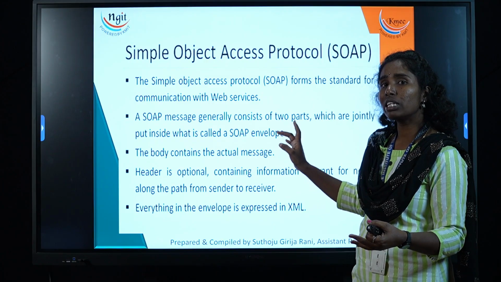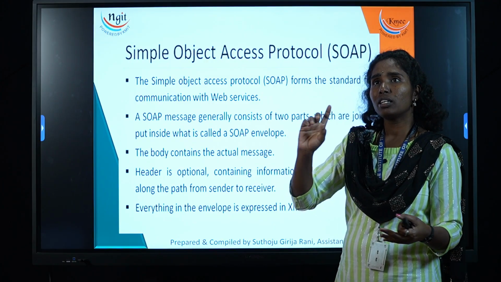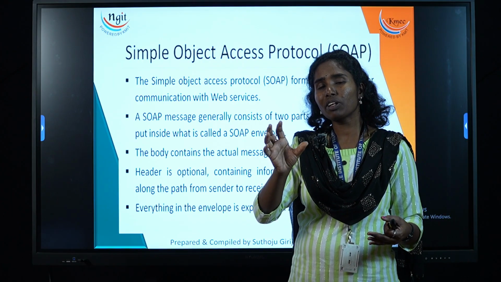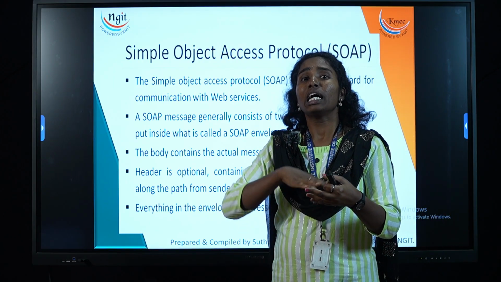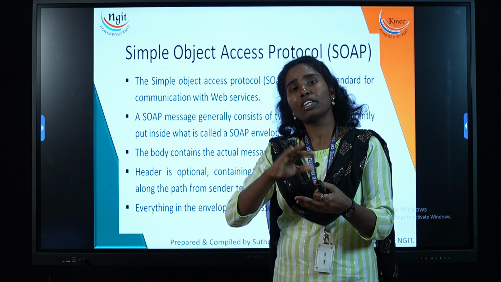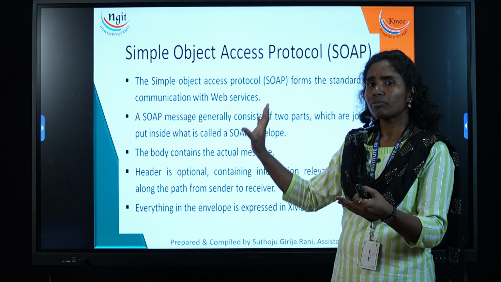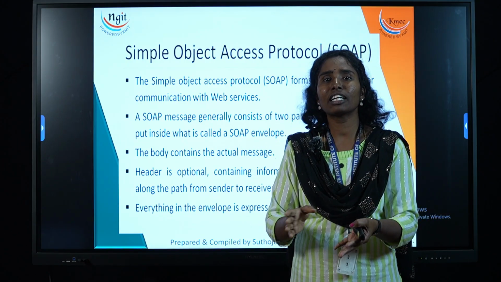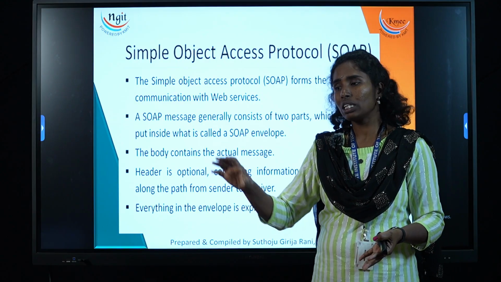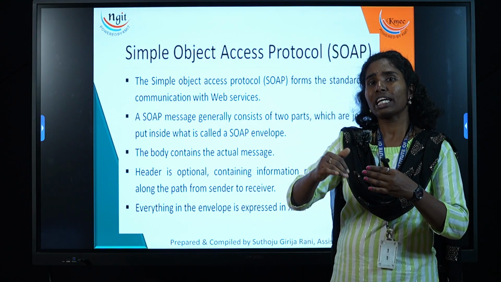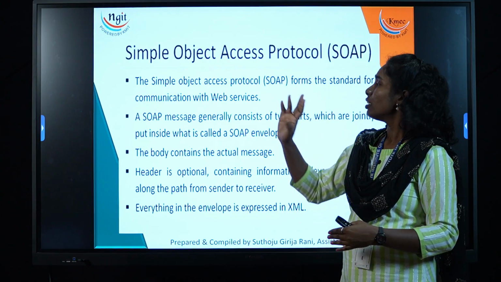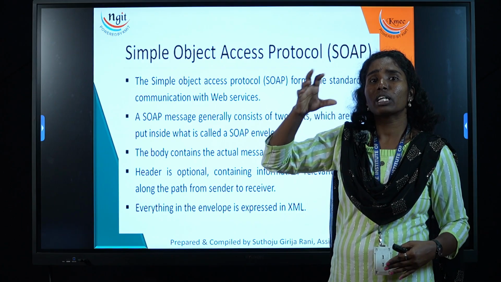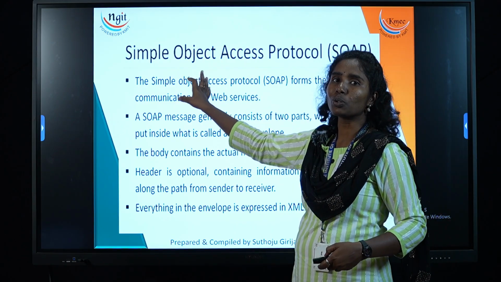SOAP is object oriented, where we communicate with interoperable services. Interoperable services means we can have different types of objects which are not restricted at all. You do not have to use only one object; we can go with any type of object. All the objects will be available in the web services, obviously. So we communicate with web services using SOAP.